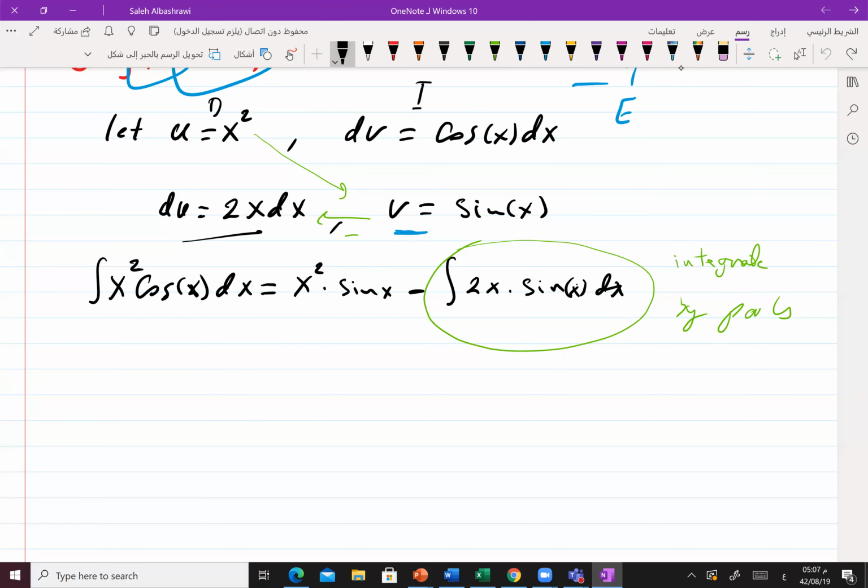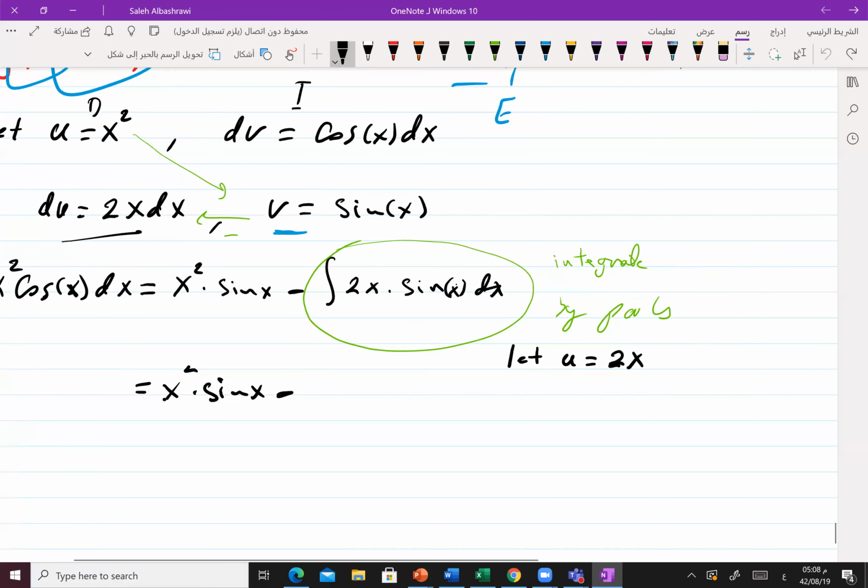So I will have x squared multiplied by sine x minus the integration of, for the second part, I will let u be 2x, and dv will be sine x.